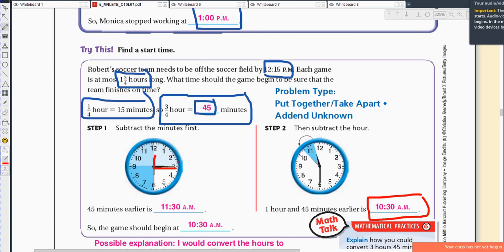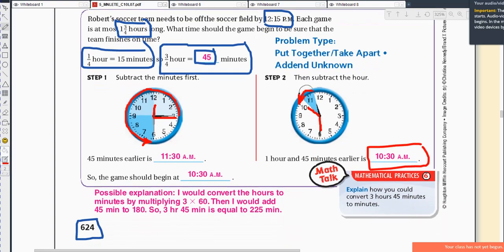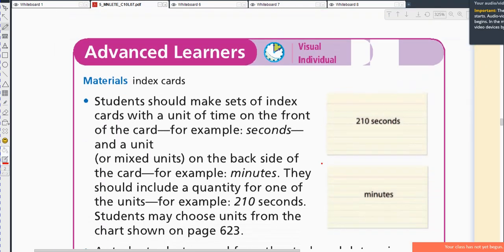This 15, this another 15 makes 30, and the last one is 45. So the minute hand will be here. And after that, the hour hand, we are going to move back one step. So it will be 10:30 like that. Okay, let's move to the next page.